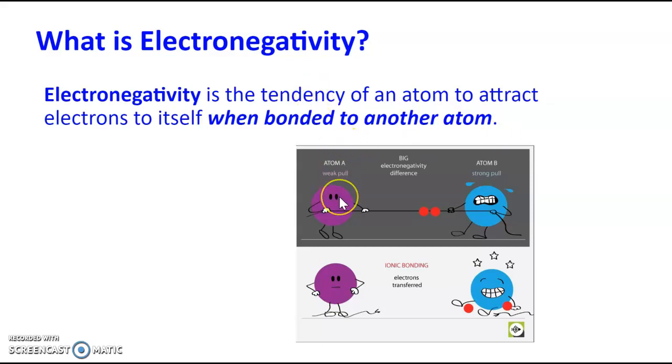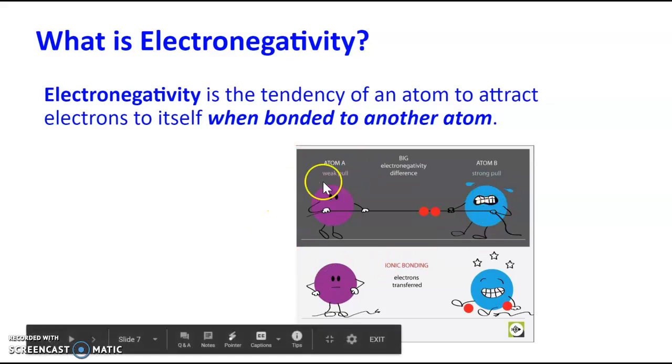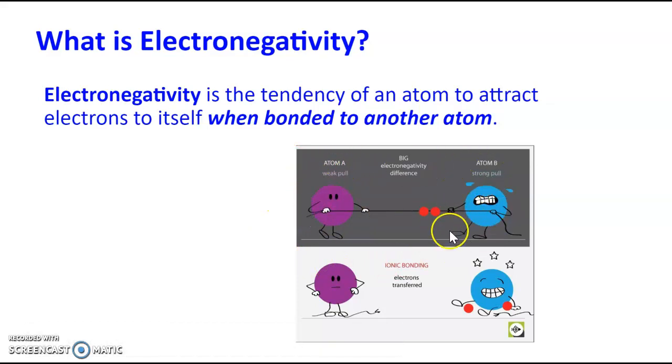So if we have some little atom that is A, and that's purple, and it's really weak, it has a weak magnet, and it's bonded to atom B, which is a very strong magnet, and these little red dots are the electrons. This is a big difference in electronegativity, so they're not sharing equally. So right now, this would be a covalent bond on the top. They're not sharing equally, and atom B is a little bit negative, and atom A is a little bit positive.